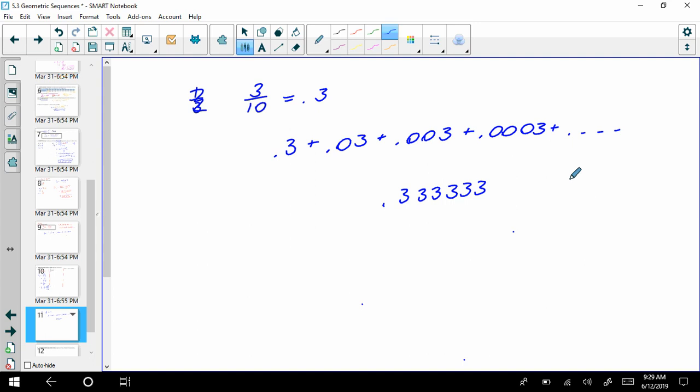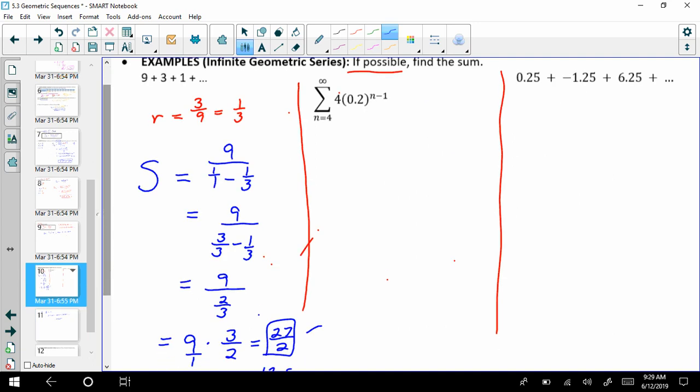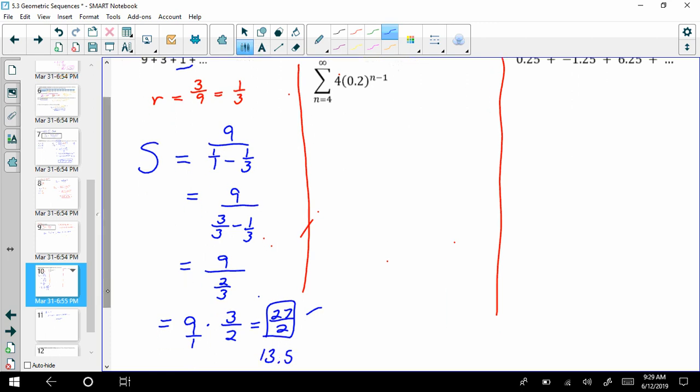My answer would start approaching a certain number. That's what's happening here. As I continue adding numbers on, 9 plus 3 is 12, plus 1 is 13, plus 1/3, my total is going to get closer and closer to a specific number. And in this case, that number is 13.5.